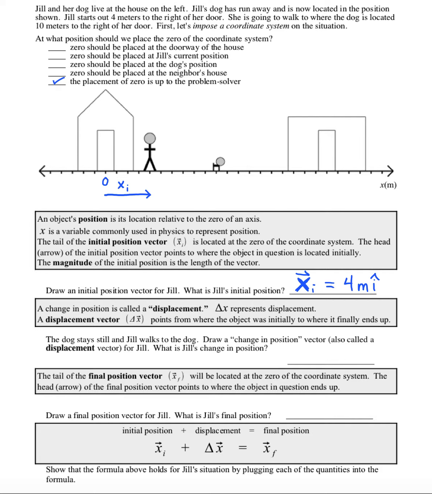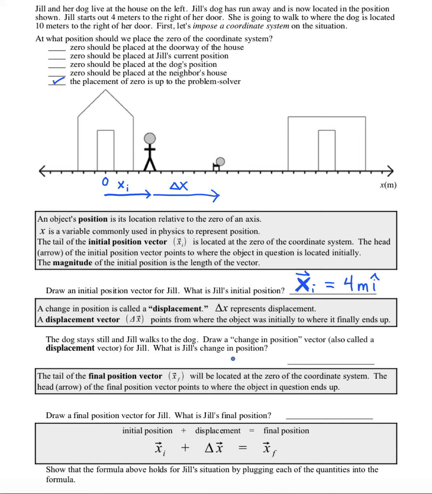So Jill is going to start off here, and she's going to go to the dog. So we want to draw that change arrow. But we're going to give it the symbol delta x now. That's displacement.